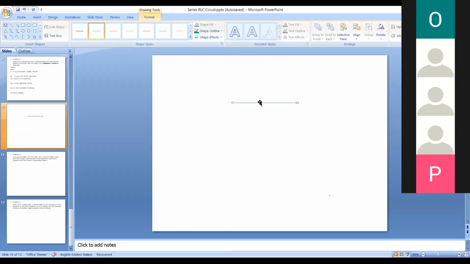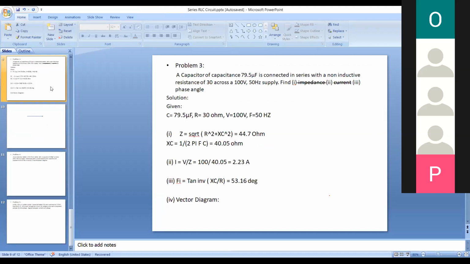So Z you are getting 50.04. Z is the square root of 30 square plus XC square, and you will get 50.04, no?